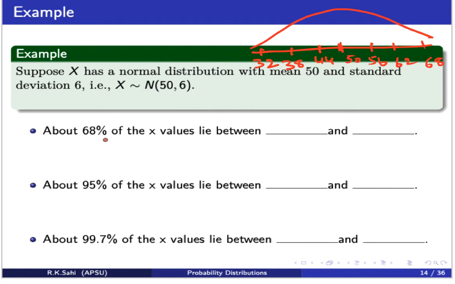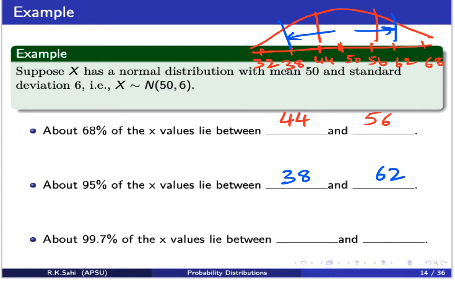Now, about 68% of the x values lie between, remember, when we go one standard deviation, 44 and 56. About 95% of the x values lie within two standard deviations. These are the values for my two standard deviations: 38 and 62.